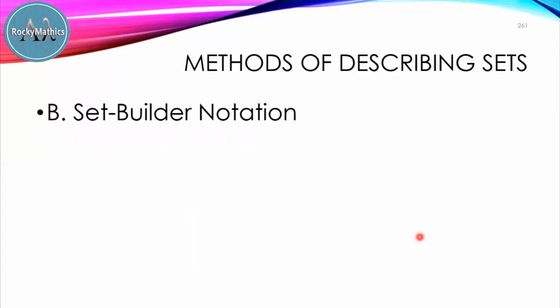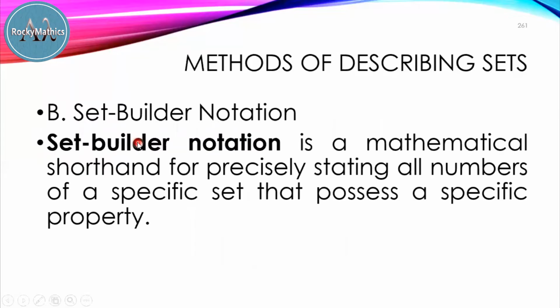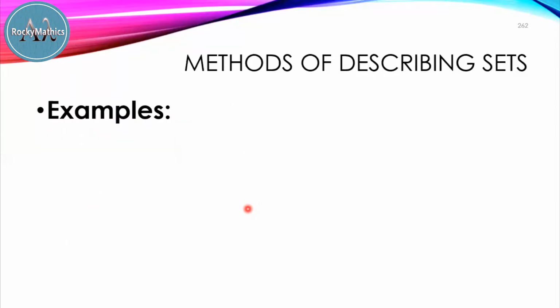Let's move on to the next method, the set builder notation method. What is the set builder notation? This is a mathematical shorthand for precisely stating all numbers of a specific set that possess a specific property. In other words, this is a mathematical shorthand, using mathematical symbols, by stating all the numbers of a specific set that possess a specific property.